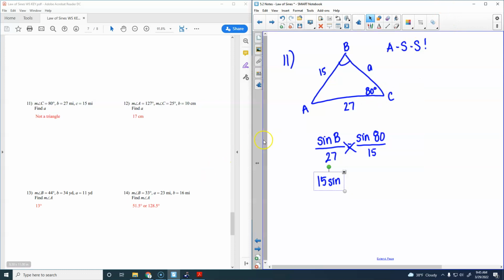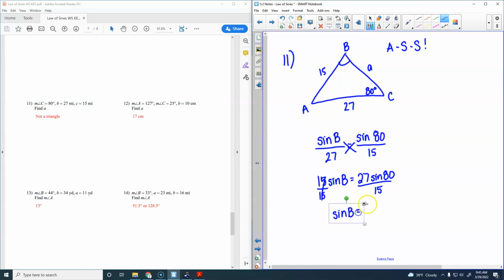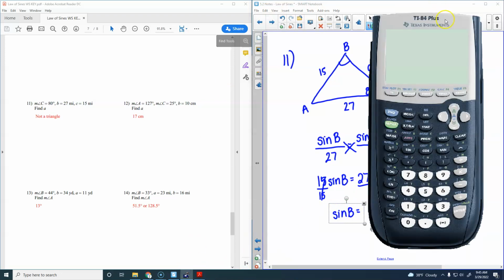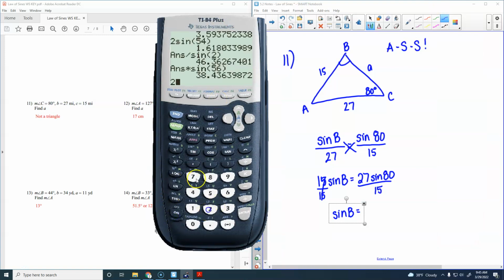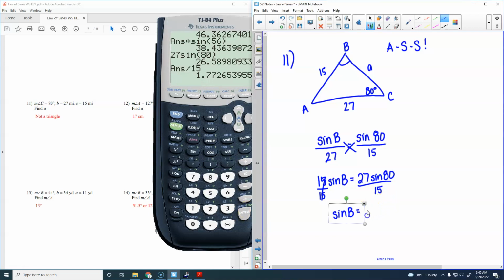equals 27 sine 80. We would divide by the 15. So sine B would equal, we would need our calculator here, 27 sine 80 divided by 15 is 1.7726, and so on.